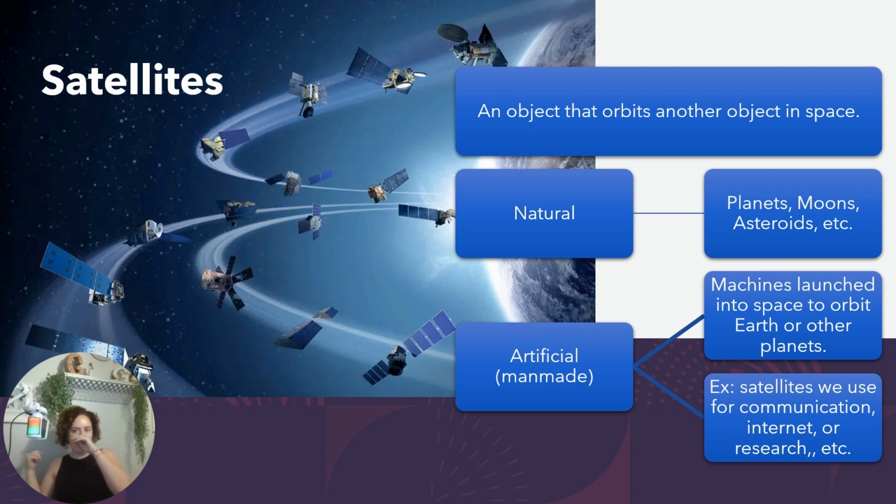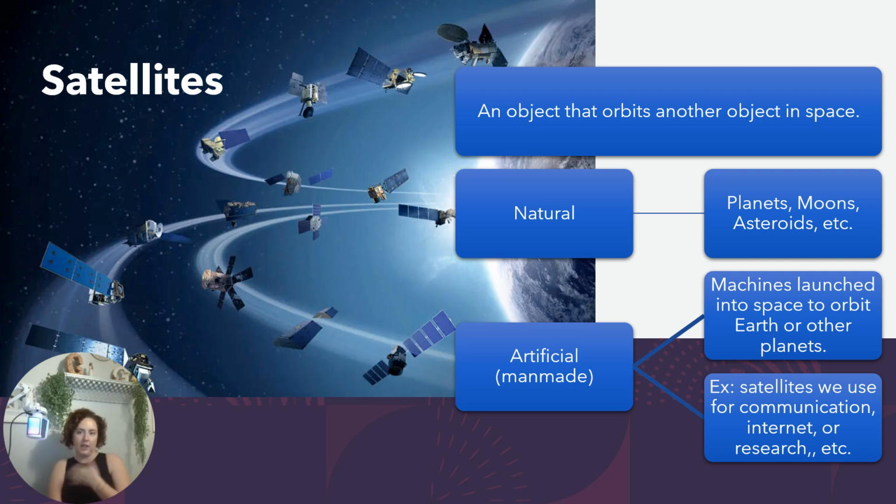Satellites. Now, when I say satellites, learners typically start thinking of the man-made ones, the ones that we shoot off into space, and this is what we use for things like communication and internet and research and things like that. But if we were to define just satellite, it is an object that orbits another object in space. Okay?